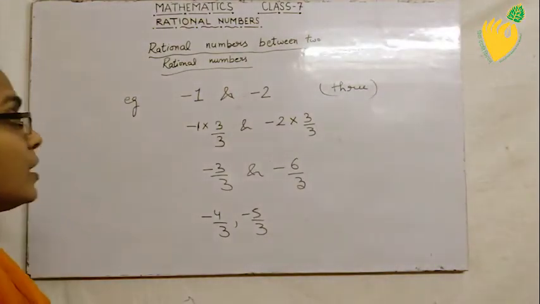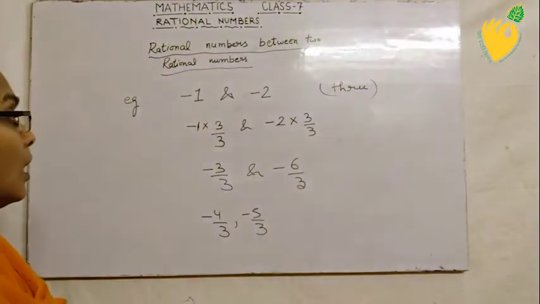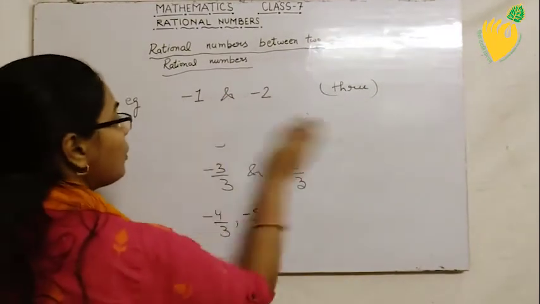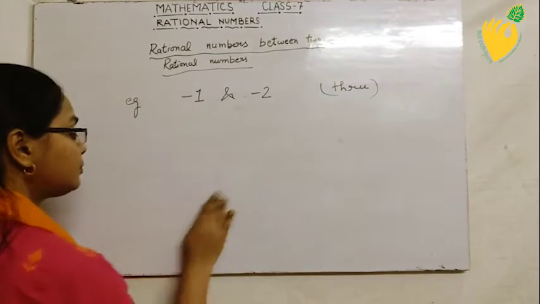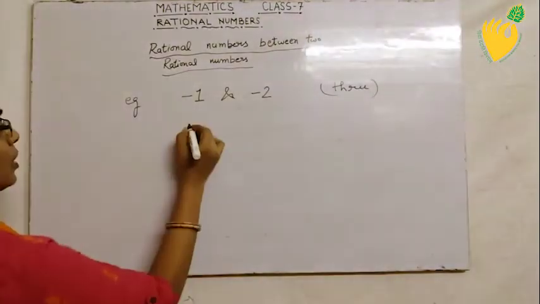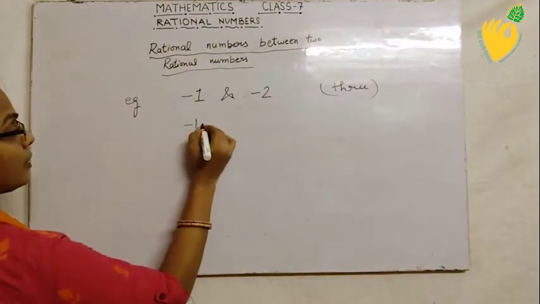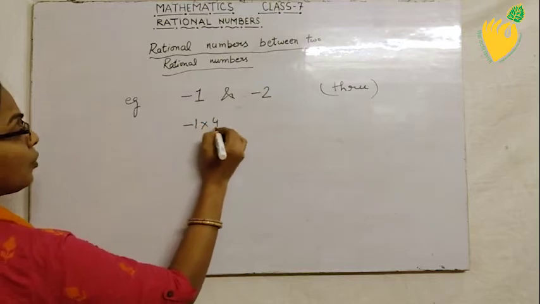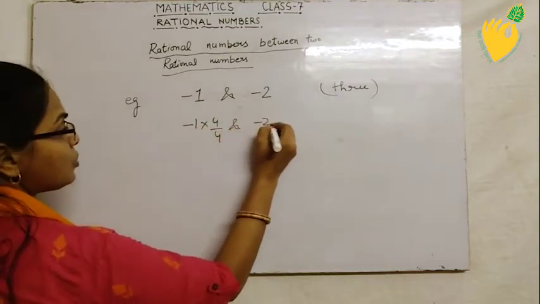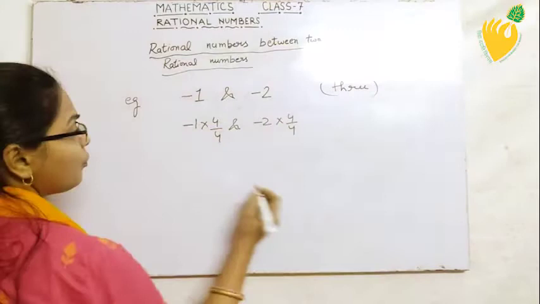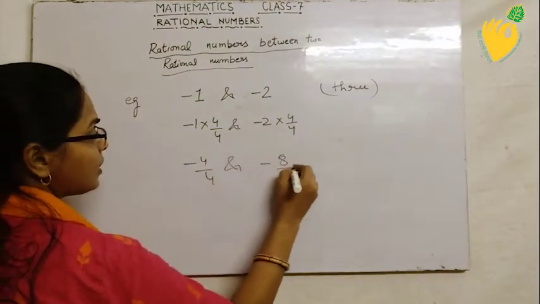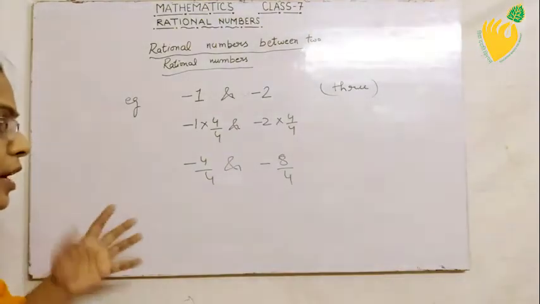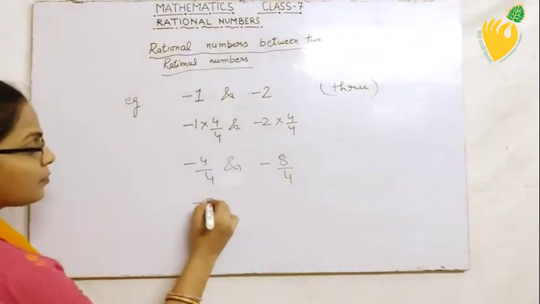We can further multiply these two rational numbers by 4 upon 4. Now multiply minus 1 into 4 upon 4 and minus 2 into 4 upon 4. This is minus 4 upon 4 and this is minus 8 upon 4. Now students, how many rational numbers are there?